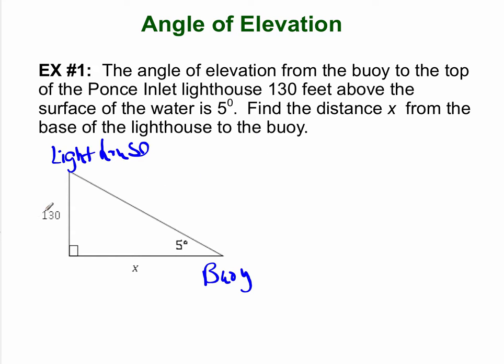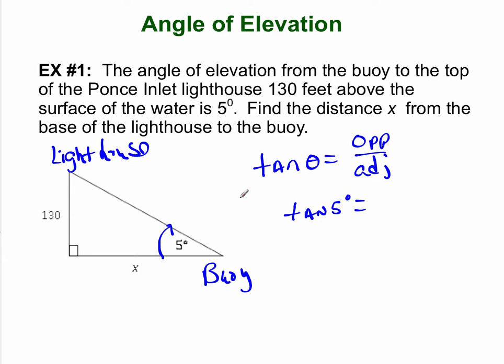Well, I have opposite and I have adjacent. So I know tangent of an angle is opposite over adjacent. So I know the tangent of 5 is 130 over x.